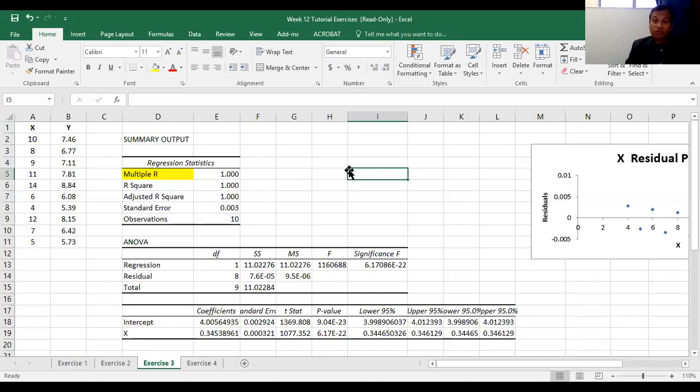But the scatter plot doesn't give you any idea about how strong it is. Is it moderate? Is it strong? Is it low? Is there no relationship? The scatter plot doesn't indicate the strength of the relationship. For that we have R, the correlation coefficient, which talks about the strength of the relationship between the variables.